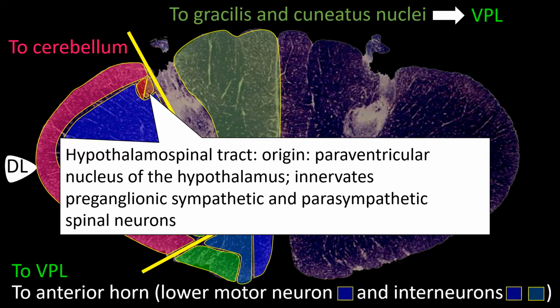This tract originates in the paraventricular nucleus of the hypothalamus and innervates preganglionic sympathetic and parasympathetic spinal neurons. This tract has fibers from a structure other than the hypothalamus in the brainstem involved in the regulation of autonomic function.